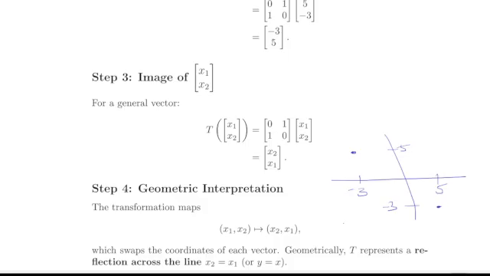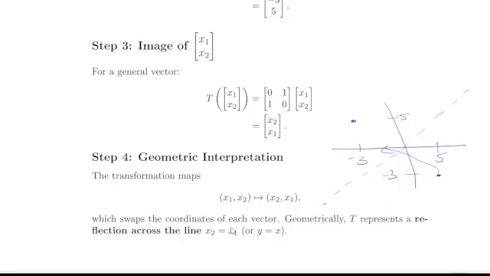And so really what we're doing is just reflecting 5, negative 3 over the line y equals x. But in this case, it would be the line x2 equals x1, because y represents x2 and x represents x1. So that's our final answer.